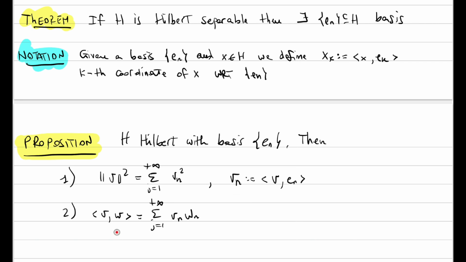And also if you take the inner product of two elements of the Hilbert space, then this is just the series of the products of the components. These are actually useful to compute inner products or norms whenever you know a basis in the Hilbert space you're given.